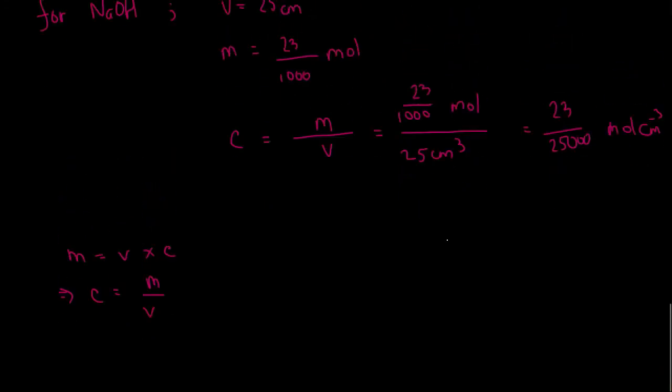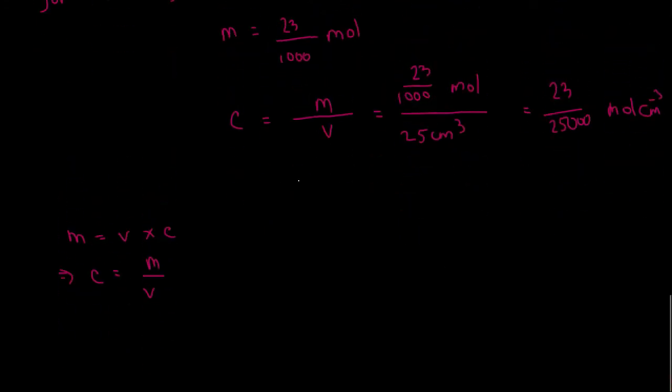If we want to make it in moles per dm cube, we have to convert the volume into dm cube. Everything remains the same, you just convert the volume unit. So this many moles, and we have to divide this volume by 1,000, so this becomes dm cube now.